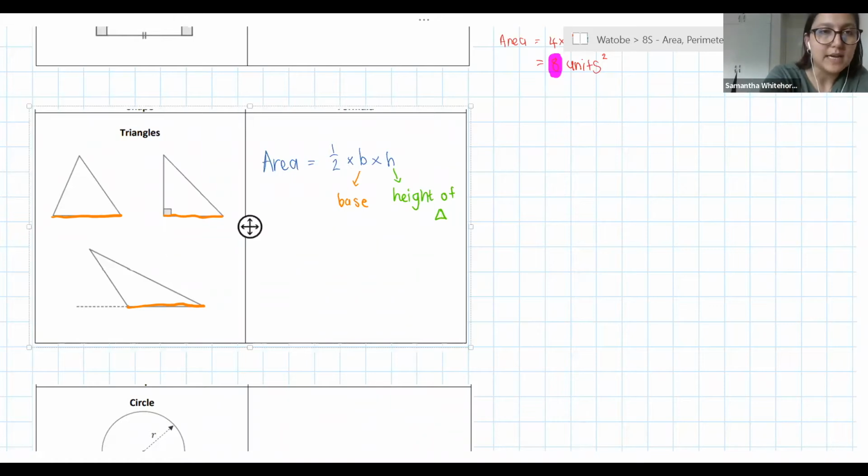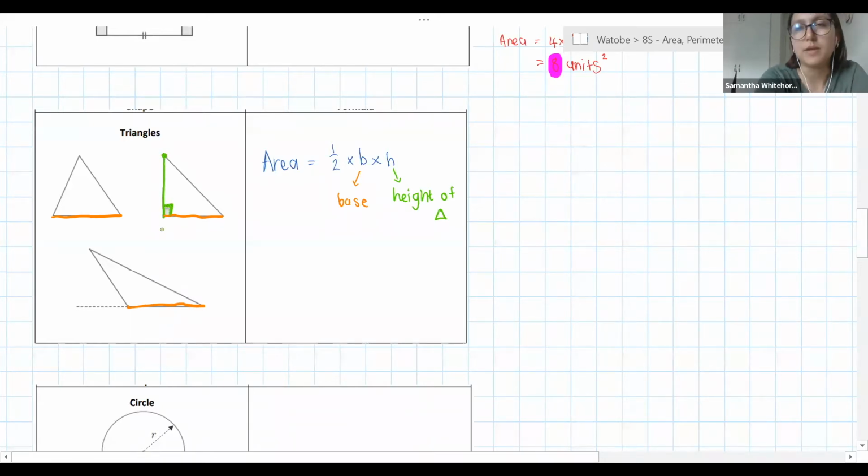So for the right angle, we can very clearly see that the highest point of the triangle is at that vertex there, and it goes down to the base. It's at a right angle, so that would be my height of my triangle. For the triangle top left, the highest point of my triangle is that vertex up at the top there. We then want to measure the height down to the base, but perpendicular to the base or at a 90-degree angle.